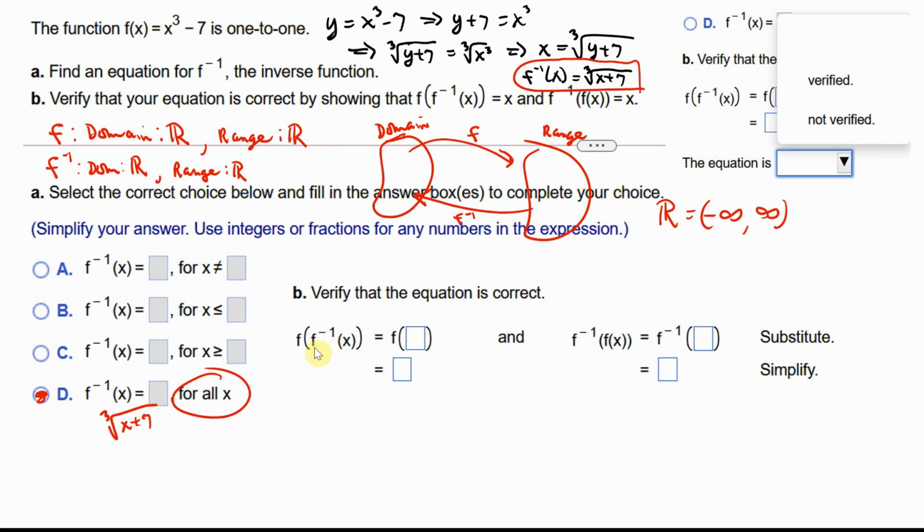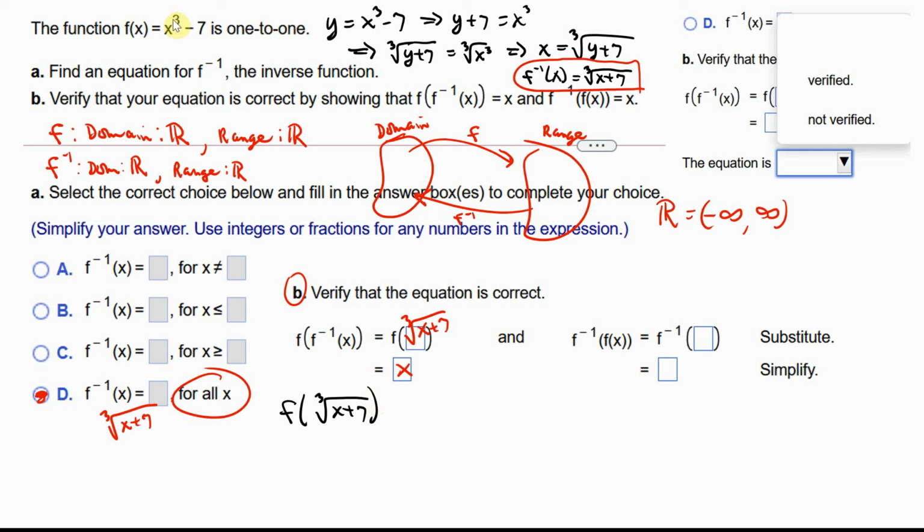So then you verify part B, f of f inverse. So f inverse is the cube root of x plus 7. You do the math on that guy. That's going to give you x. So this is f of the cube root of x plus 7.